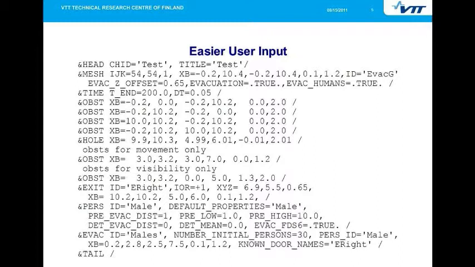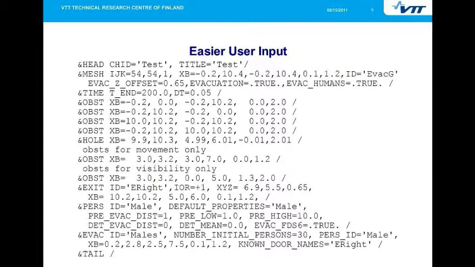But then you just need to specify where your exit door is. It's just one line. Earlier you needed to input additional meshes and outflow vents and all kinds of these things, but now just one exit line is enough and everything is done automatically.